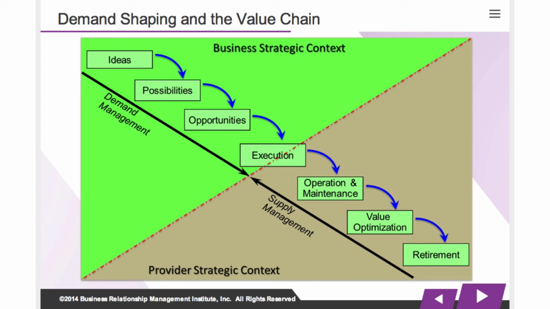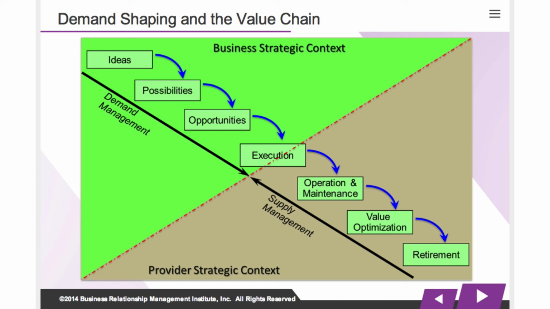Now I want to return to demand shaping and look at it in the context of the value chain. You can see in the diagram a progression from ideas about how to leverage IT through implementation, described as execution in the diagram, and routine operation, and on to retirement when the IT service has reached end of life. The goal of demand management is to facilitate the transformation of ideas for using IT into possibilities, from possibilities into opportunities.